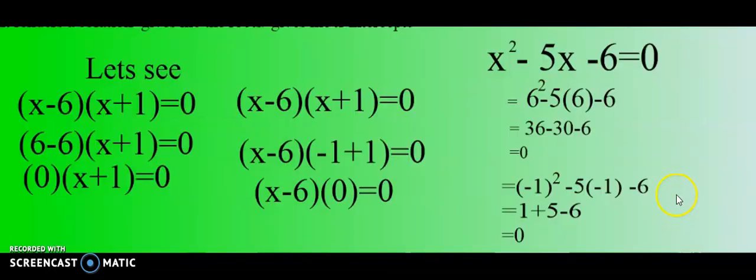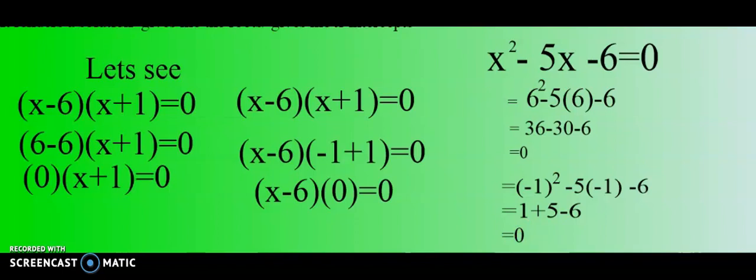Likewise, if I substitute negative 1, minus 1 plus 1 is 0. So 0 multiplied with any number is going to give me 0. However, also when I plug that 6 into the function, it renders a 0. When I plug the -1 into the function, it also renders 0. What can you deduce from this?